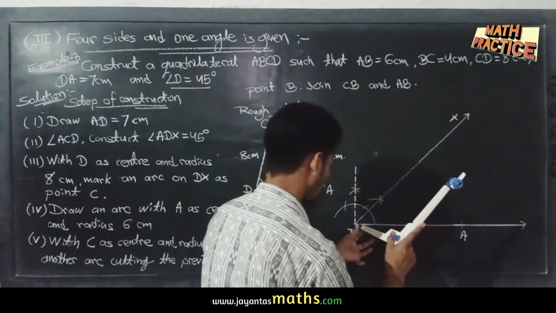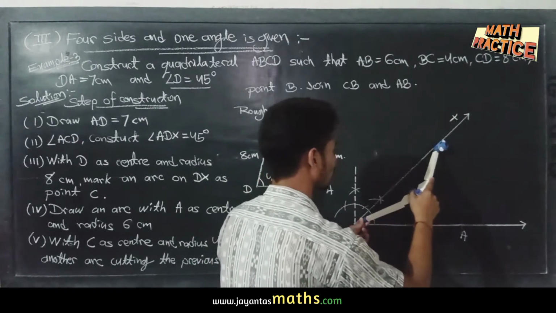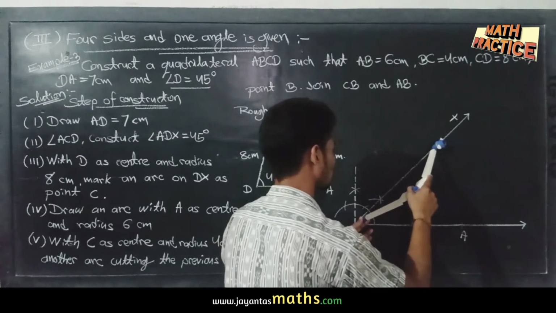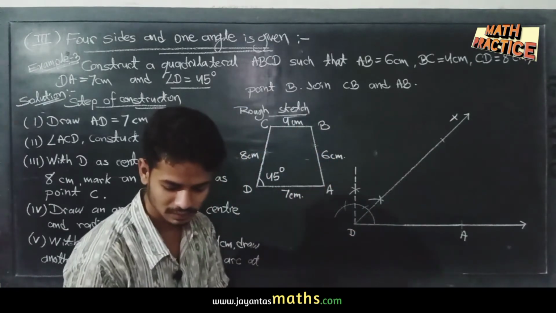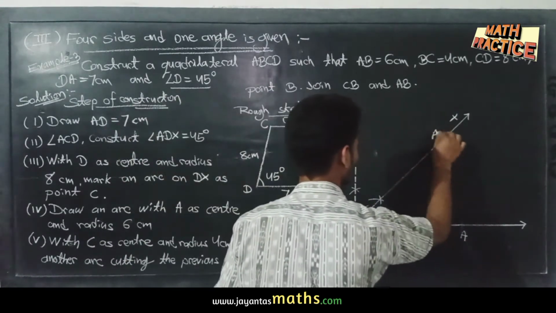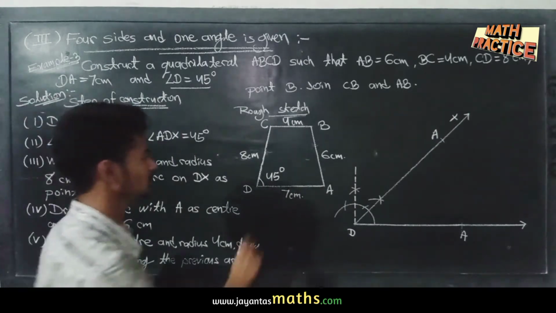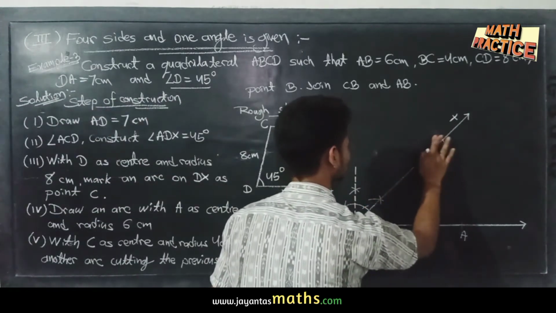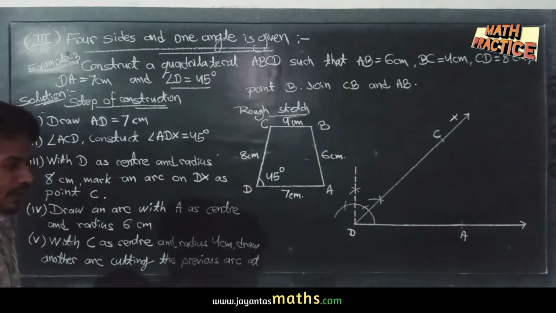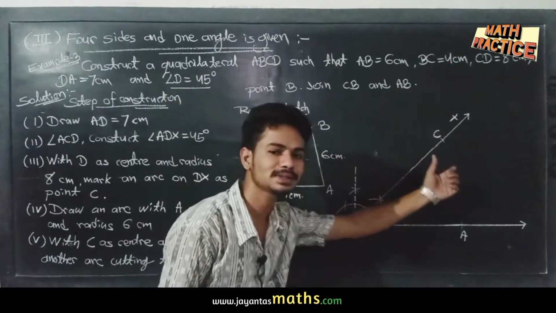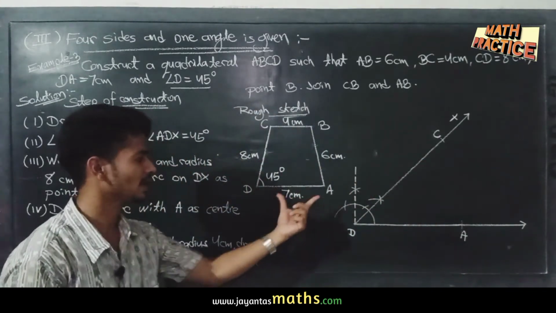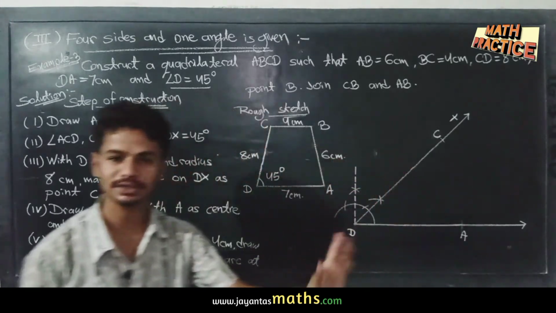Now I draw an arc. This is the point A. We get the point C. C is here. Easily we get the angle ADC. Here the length of AD is 7 centimeters and length of DC is 8 centimeters.